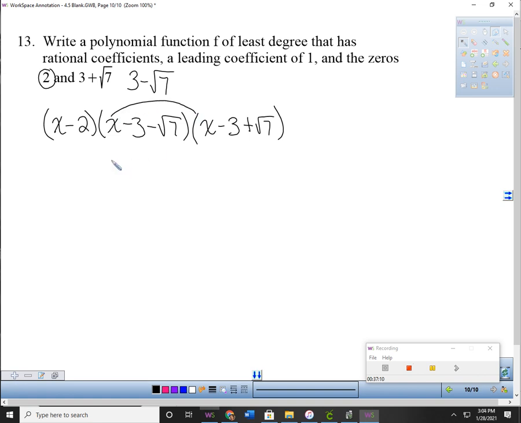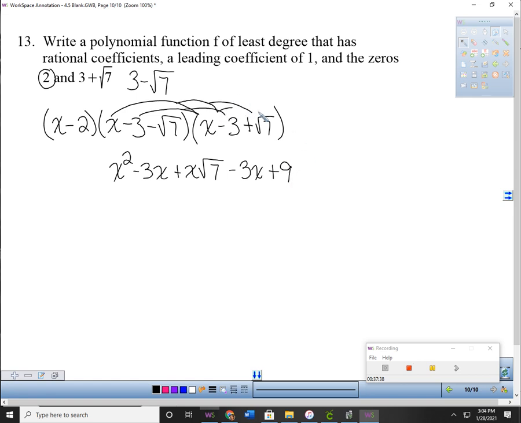So x times x is x squared. X times negative 3 is negative 3x. And x times the square root of 7 is x times the square root of 7. Then distribute your negative 3. So negative 3 times x is negative 3x. Negative 3 times negative 3 is positive 9.